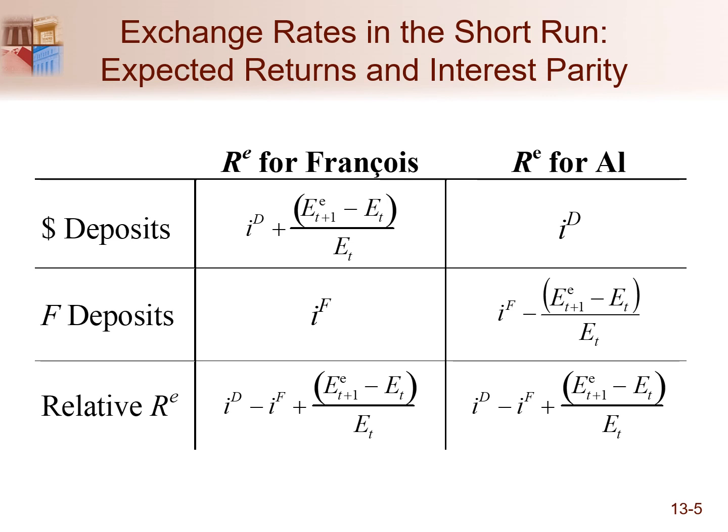In the case of the expected return for Al, as he will be depositing his dollars in his domestic currency, obviously he'll have the interest rate on the dollar deposit.